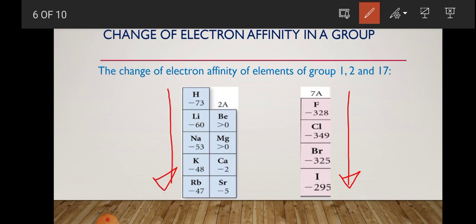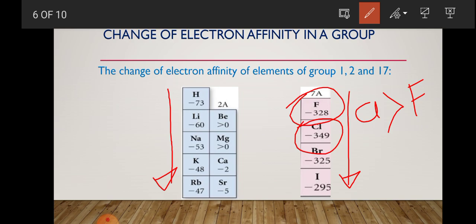But if you carefully look at fluorine and chlorine atom, here the electron affinity of chlorine is greater than fluorine, because the electron affinity of chlorine is minus 349 and fluorine is 328, which is an exception.